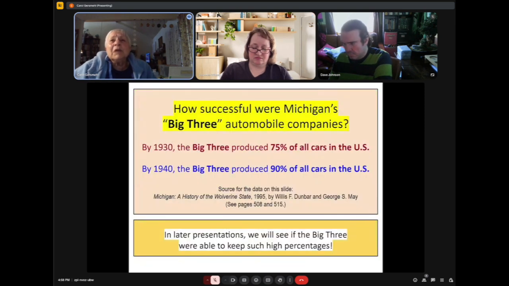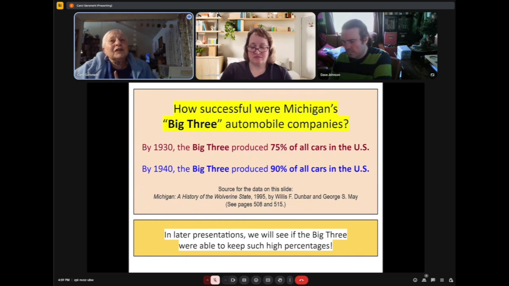And they had a major accomplishment. By 1930, these Big Three companies produced 75% of all cars in the United States. A decade later, in 1940, the Big Three produced 90% of all cars in the United States.